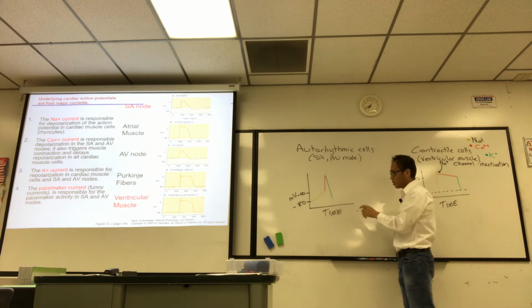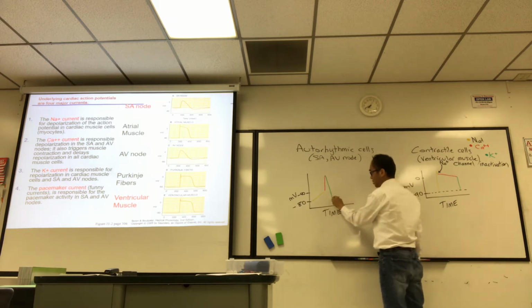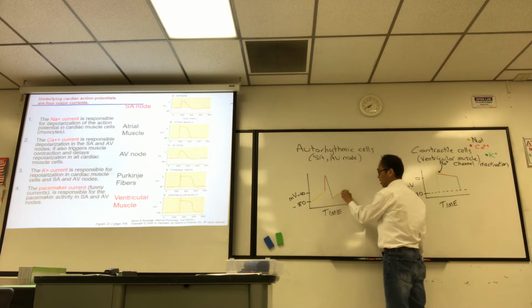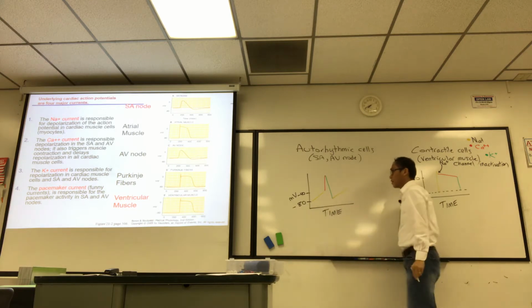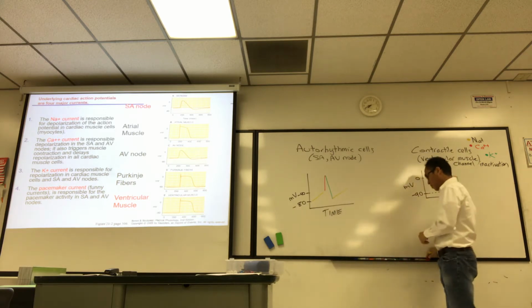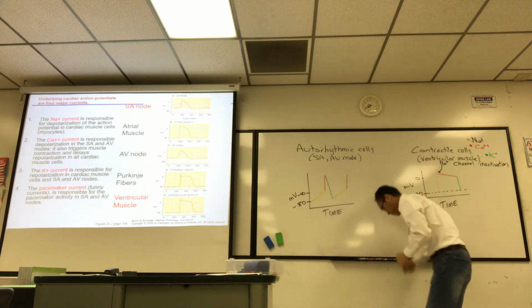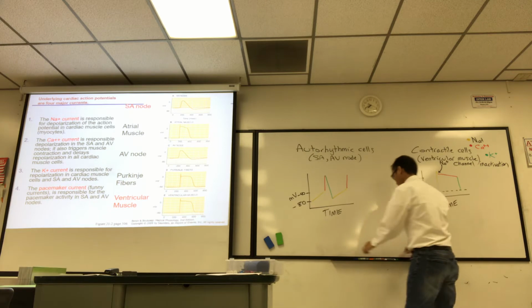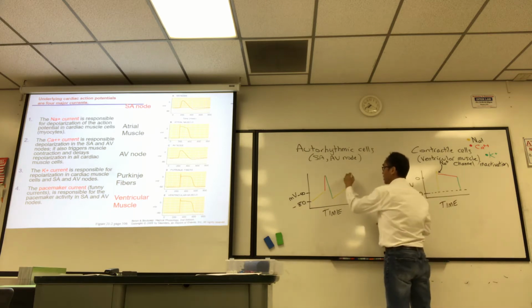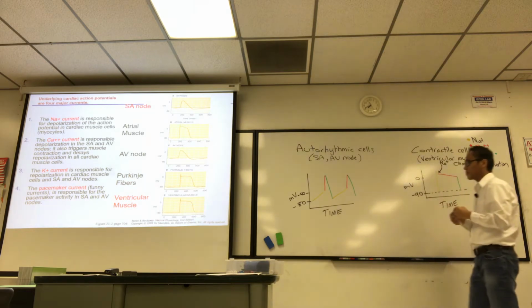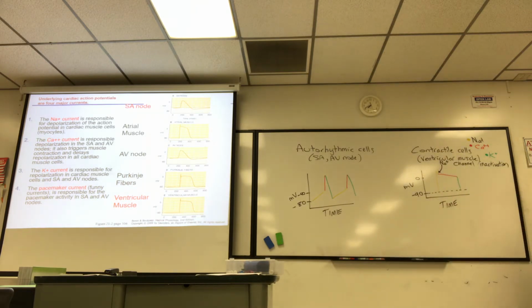It's unstable. And it just wants to rise to the threshold again to give you another action potential. And again, the depolarization is carried by calcium. And the repolarization is carried by green, potassium. So I drew a second action potential there.